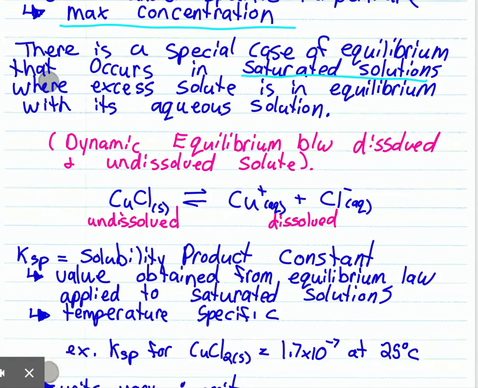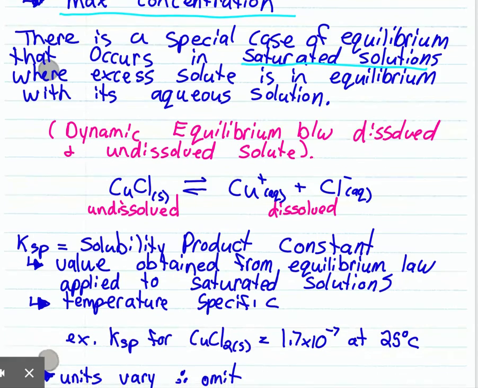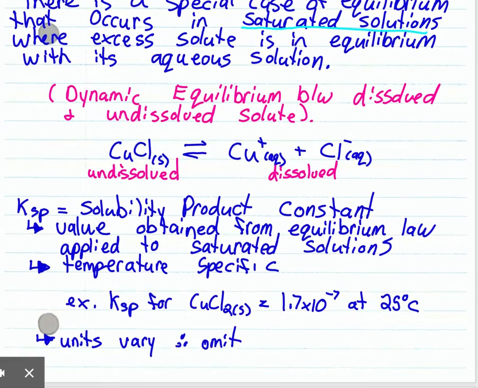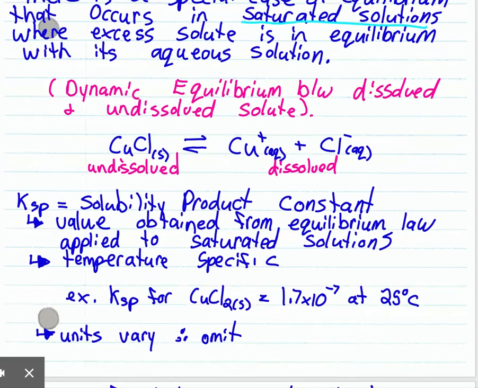For example, the KSP of copper 2 chloride solid is 1.7 times 10 to the negative 7 at 25 degrees. As soon as you change the temperature, the KSP value is going to change. Just like the other K equilibriums we've been working with, the units vary, so we don't give it units.